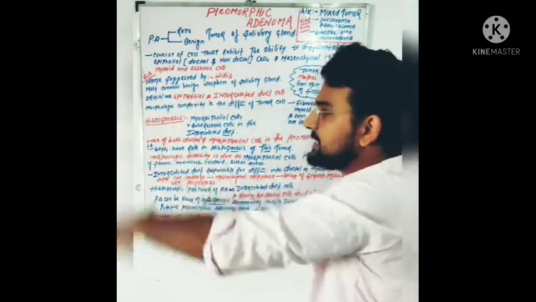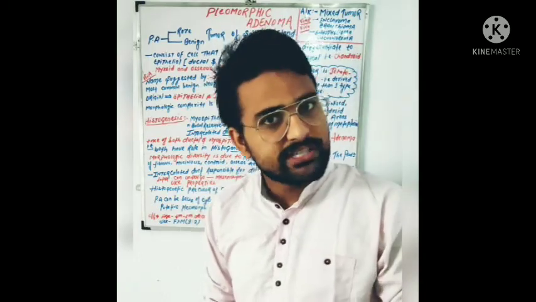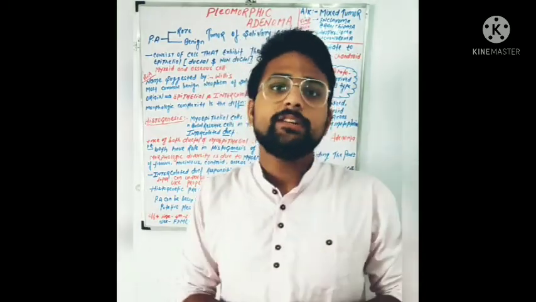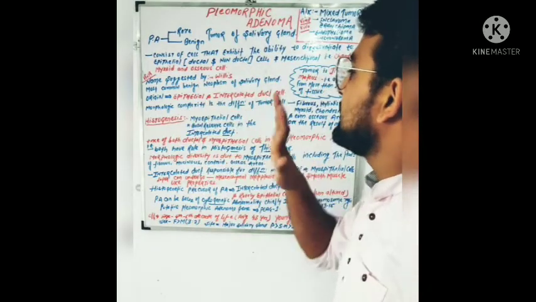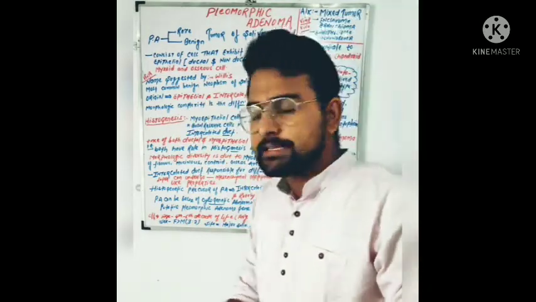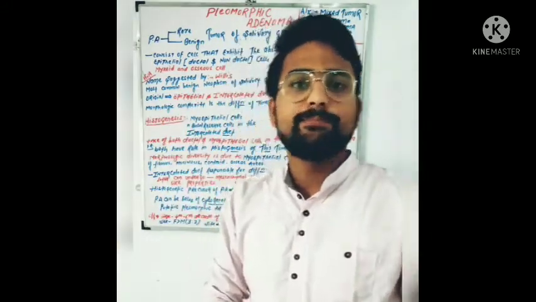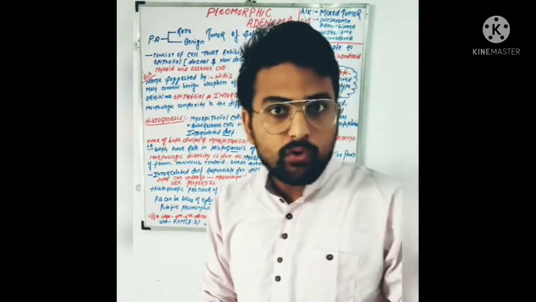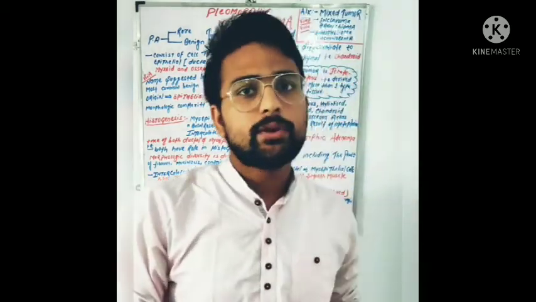So the origin of this tumor, yes, we always have to write about the origin of any tumor. The origin of this tumor is the epithelial and the intercalated duct cells. Yes, the two cell theory, that is the basal cell theory, or the prevalent potential theory.